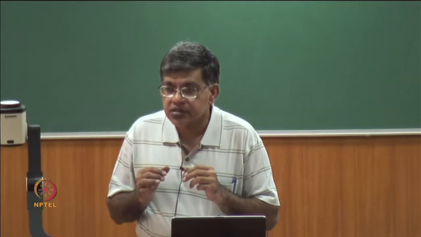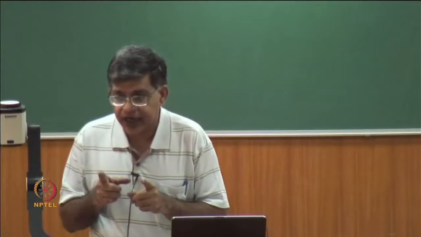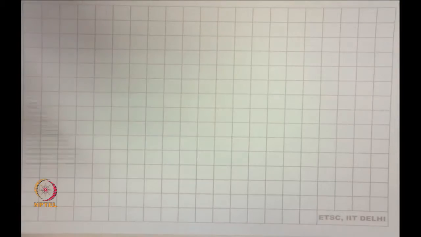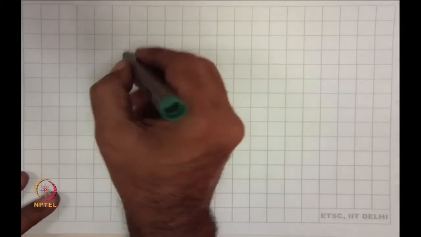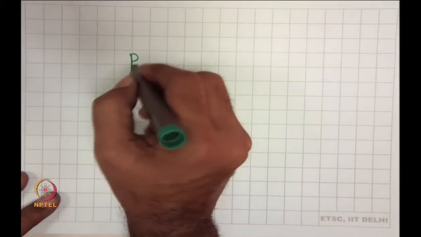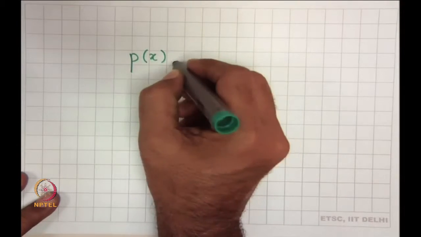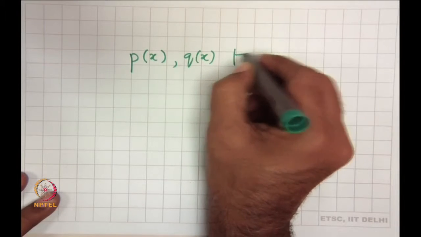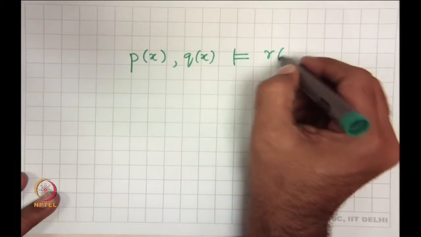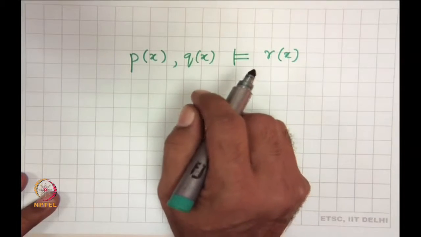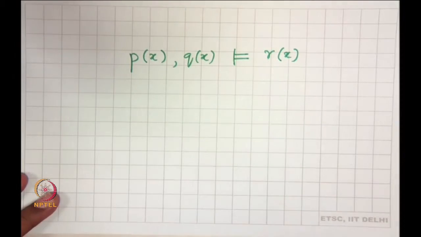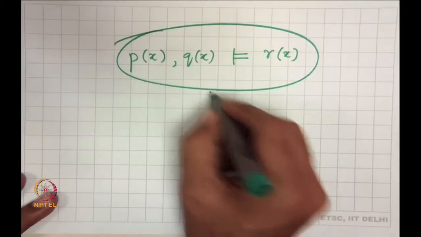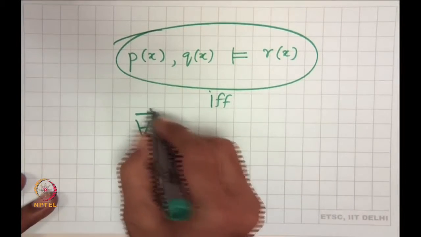with free variables and looking at their validity, because one thing we have already seen is that if you take some formulas with free variables, and you want to prove that some other formula is a logical consequence, what we showed was that this is valid if and only if the universal closures of these formulas are valid.